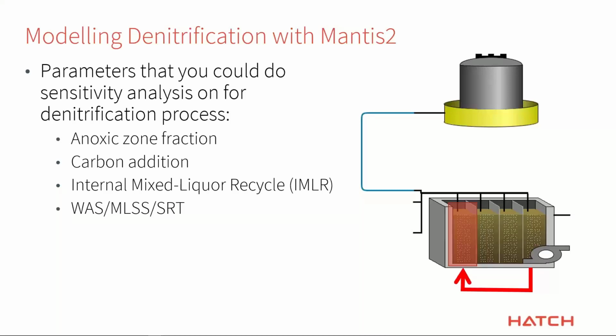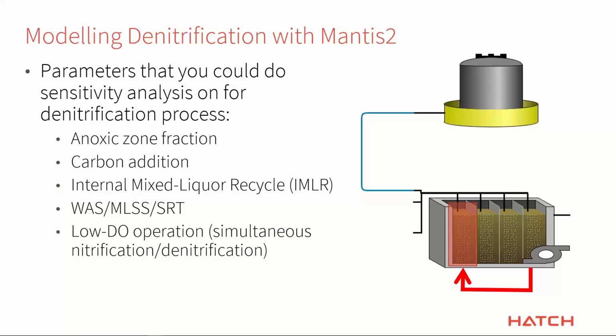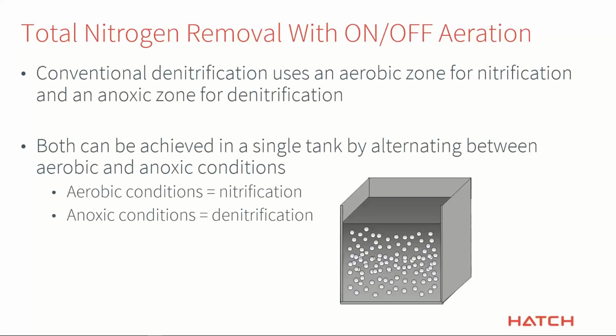You could do it on wastage so that you could see how it affects your mixed liquor and SRT, and of course all of the other effluent parameters, just like we were looking at. And you could also do it to determine a good spot for low simultaneous nitrification and denitrification operation at a low DO. And in fact, that is actually the next thing that I want to demonstrate here as well.